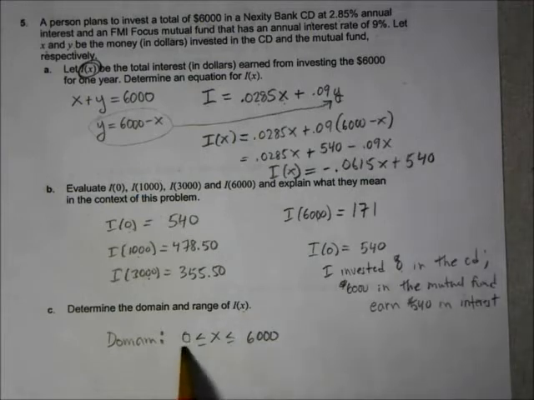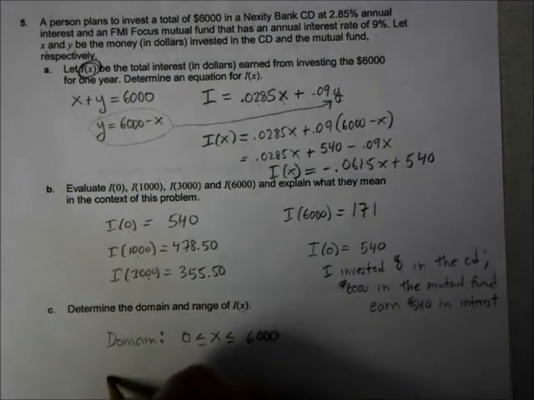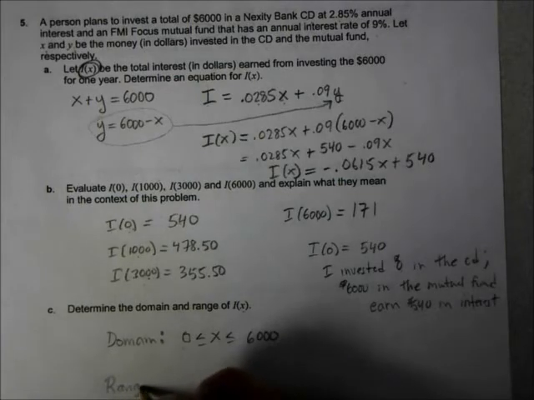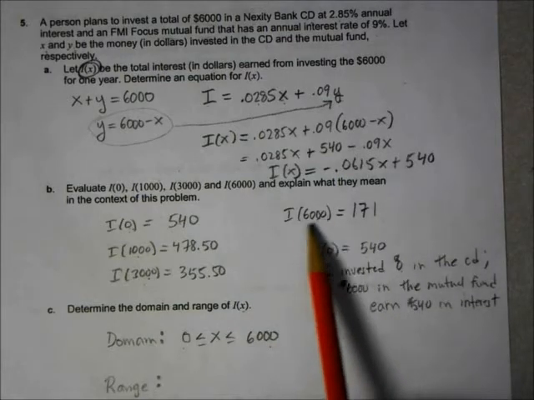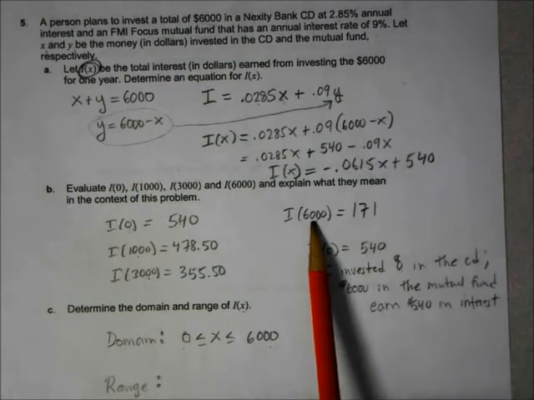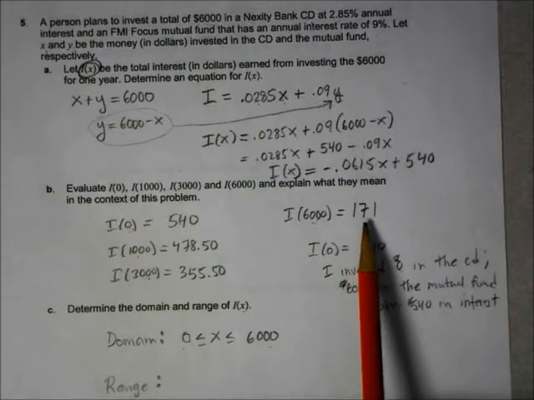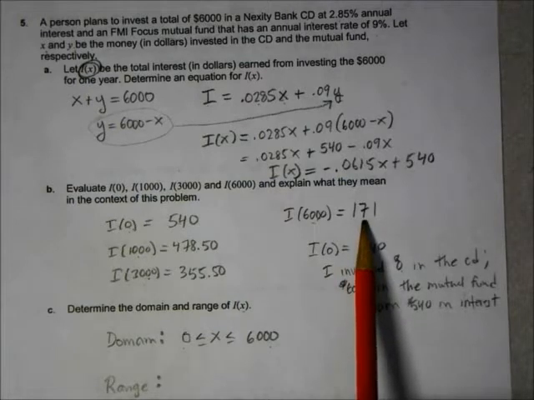I could put 0 in the CD, or I could put 6,000 in the CD, or I could put any amount in between in the CD. That's my choice. Now my range, what kind of I numbers do I get? Well, the worst thing you could do is put all your money in the CD, because that's your lowest interest thing. So if I put all my money in the CD, I'm going to earn $171 in interest.